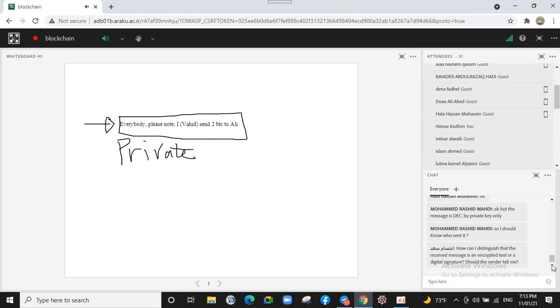How? Because all other persons have my public key. Using my public key they can decrypt this message and see this. And this proves that the only person who has my private key is myself, nobody else. Understand? This is a digital signature.